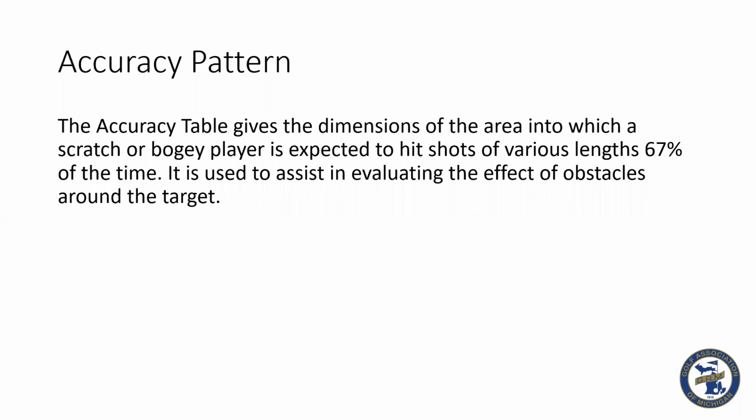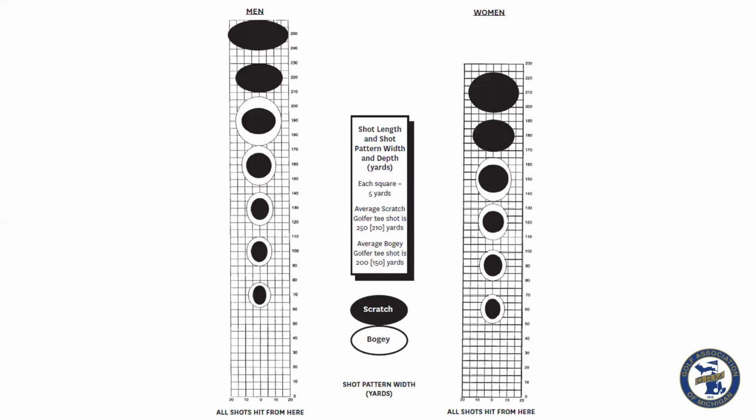But the accuracy table, just taking a step back here, determines the areas into which a scratch or bogey player is expected to hit shots of various lengths 67% of the time. So not 100% of the time, but 2/3. And it's used to assist in evaluating the effect of obstacles around the target. You can see here that this is our dispersion pattern, based on the data that the USGA has put together.